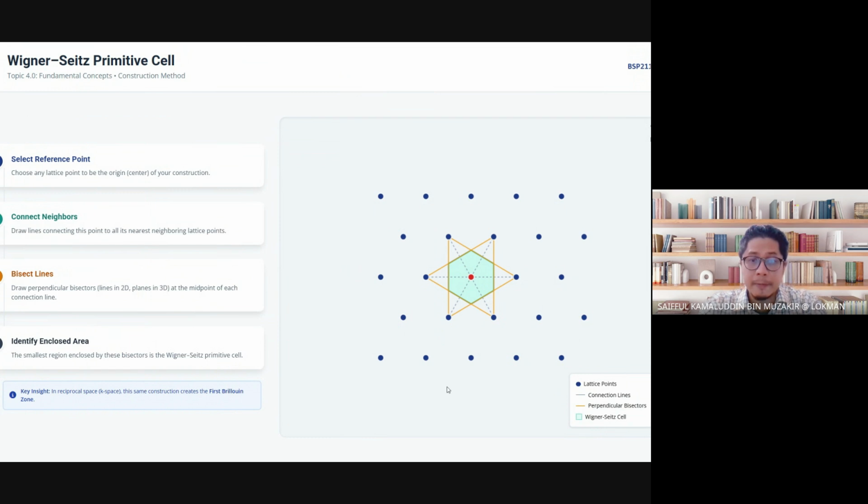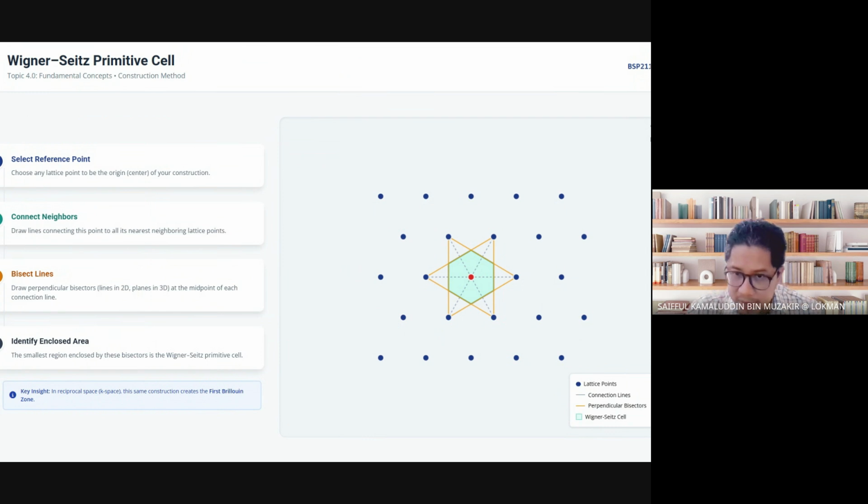We are actually choosing this one, the crossing lines. Do you see this? We have 1, 2, 3, 4, 5, 6. So we have a hexagon. This hexagon shaped area enclosed by the bisectors is the Wigner-Seitz primitive cell.